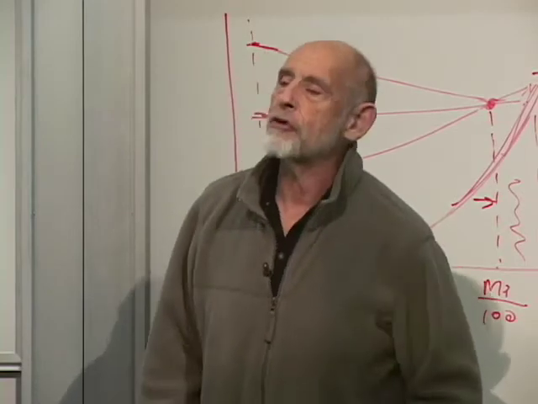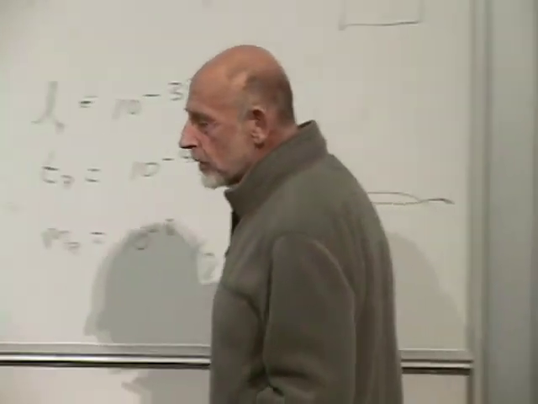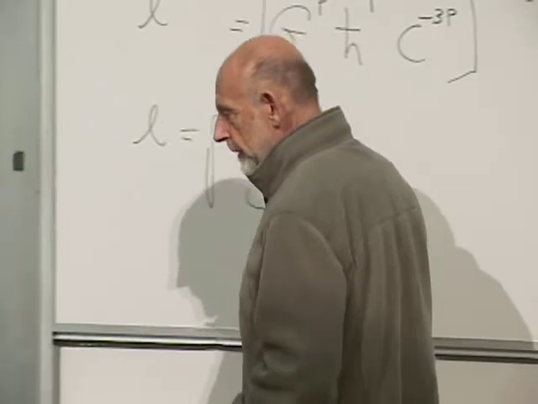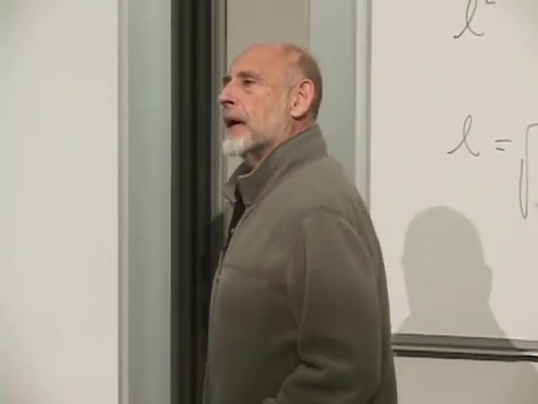Let's put it this way. If you tried to make them smaller than the Planck length, you would wind up making their mass larger than the Planck mass. Making a small thing with big mass means you make a black hole.